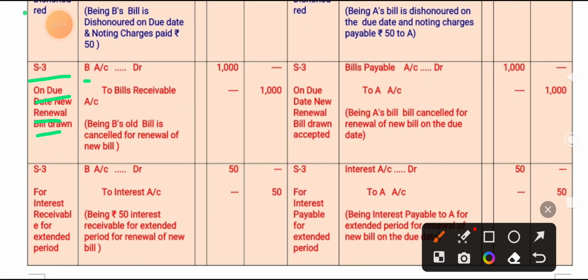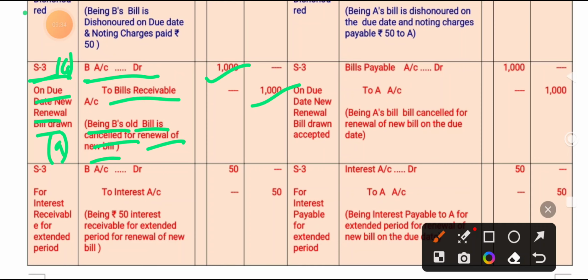So in situation 3, first cancellation of old bill, this you can say as small a, part 1 general entry. So small a general entry, that is cancelling the old bill. B's account will be debited to bills receivable account 1000. Okay, being old bill is cancelled for renewal of new bill.